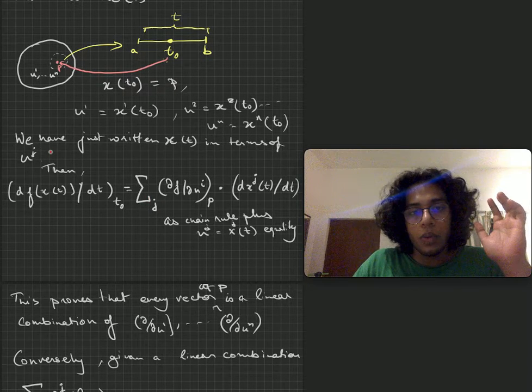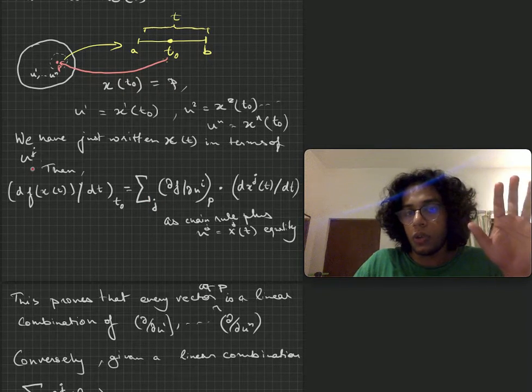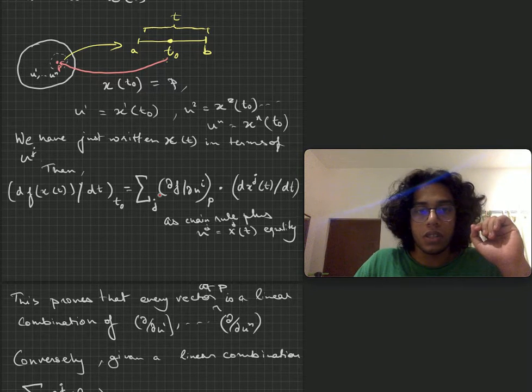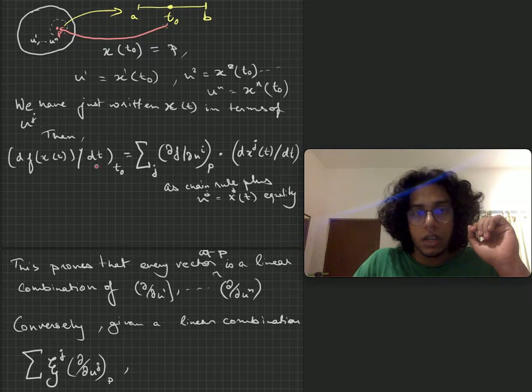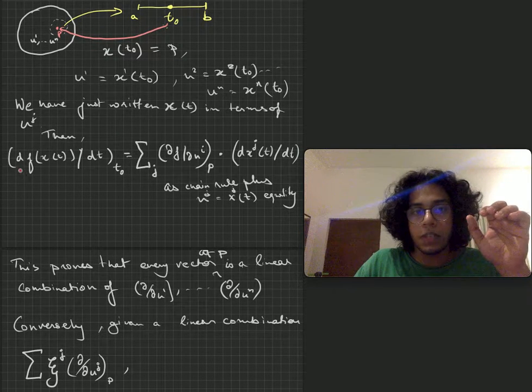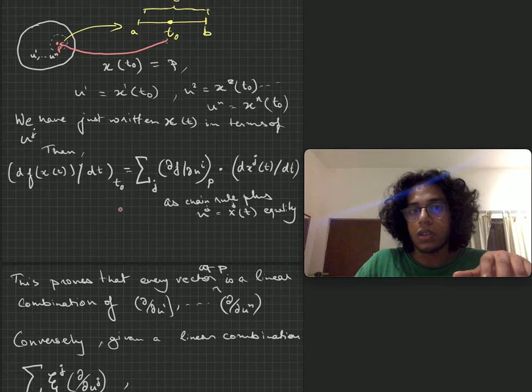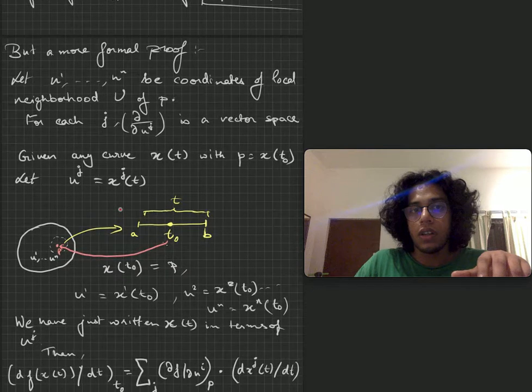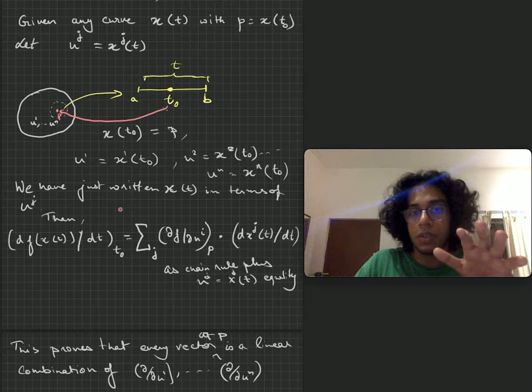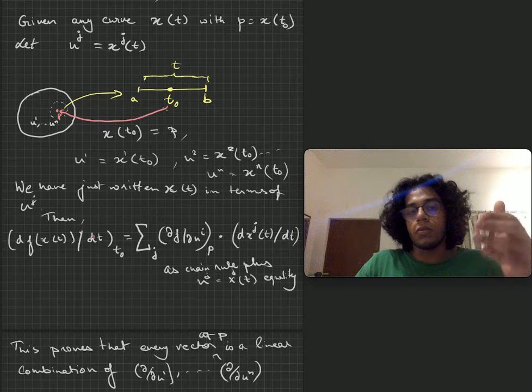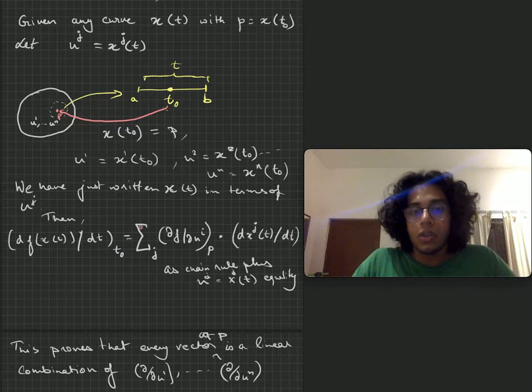So now we have written x of t in terms of uj. Then take the differentiation: take x of f, that is the derivative of f of x of t with respect to t at t naught. So you're defining a vector here. Now this is given by the summation of df. You apply the chain rule here.